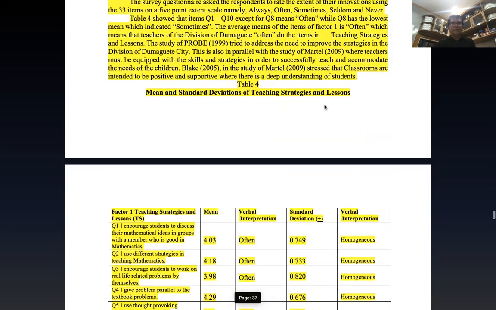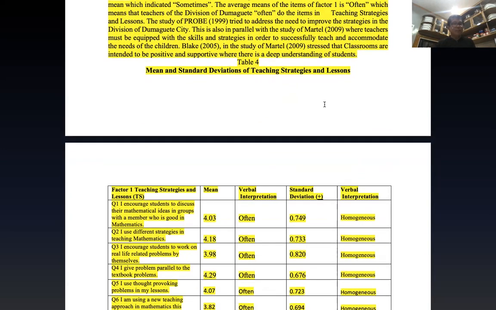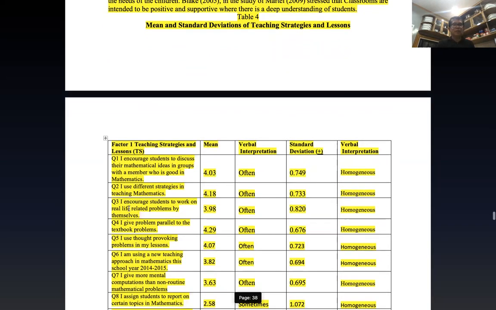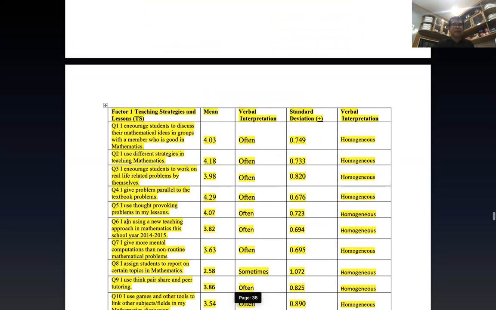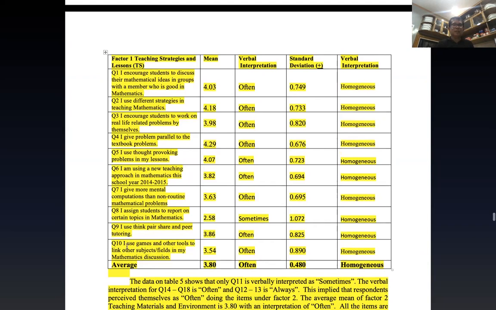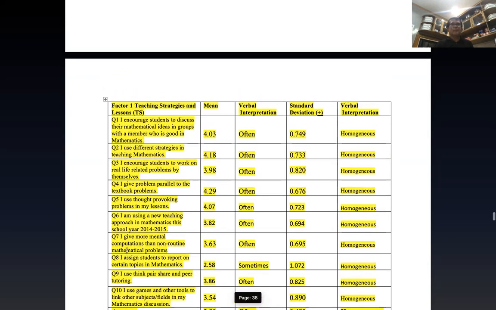The first one, factor 1, the predetermined factor: teaching strategies and lessons. These are composed of Q1, Q2, Q3, Q4, Q5, Q6, Q7, Q8, Q9, and then Q10. Q1: I encourage students to discuss their mathematical ideas in groups with a member who is good in mathematics.